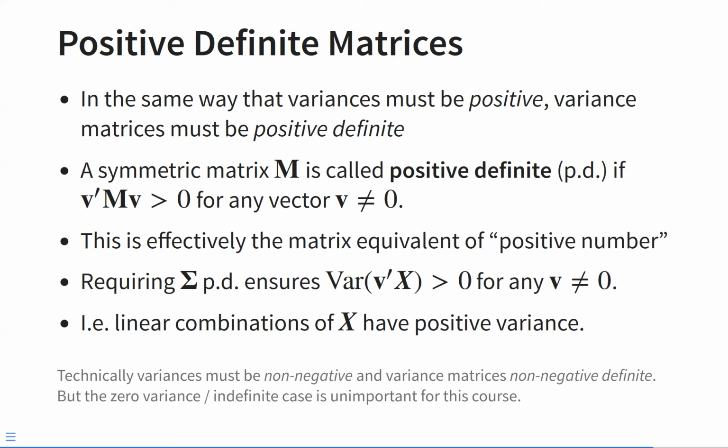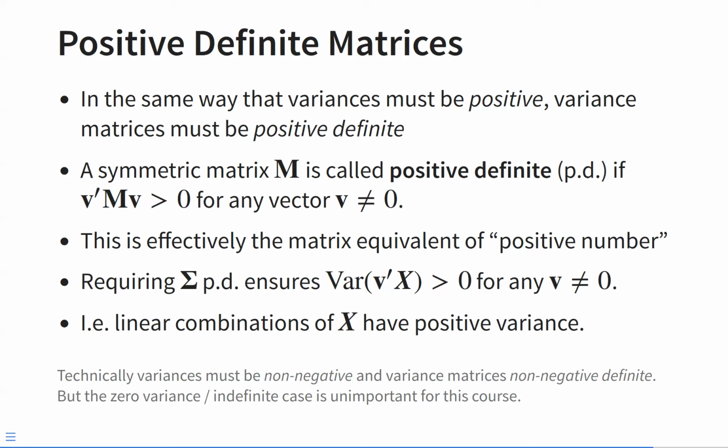So just as variances have to be positive, any random variable at all, unless it doesn't have any variation in it, unless it's constant, has to have a positive variance. Variance matrices have to be positive definite. So we say that a symmetric matrix M is positive definite if v prime M v, the quadratic form, is positive for any vector v that is not equal to 0.